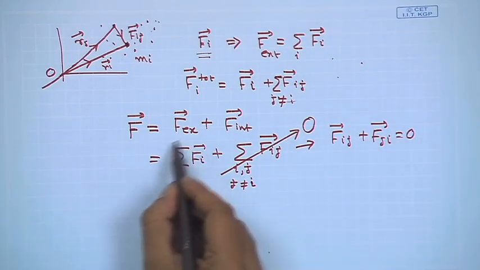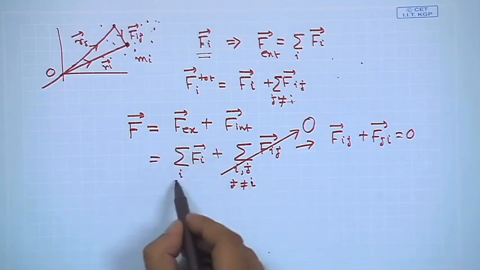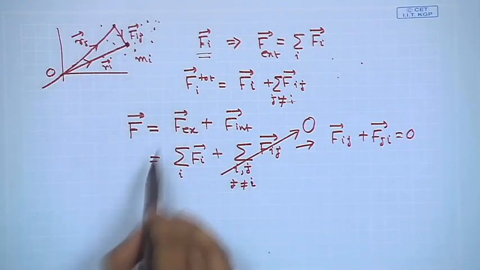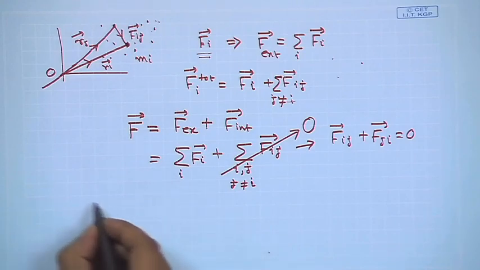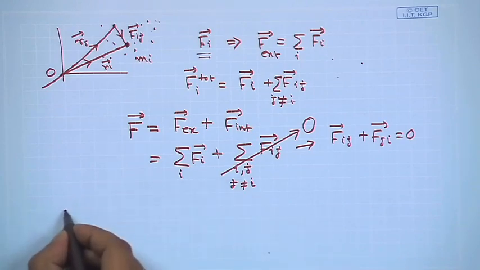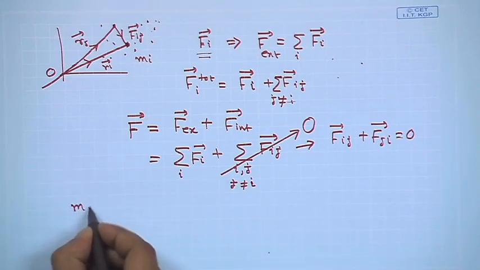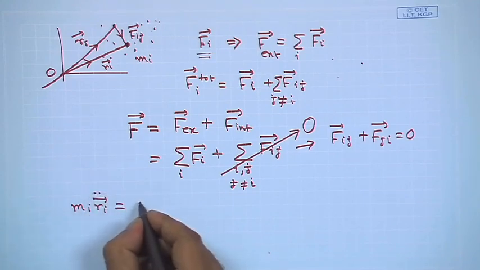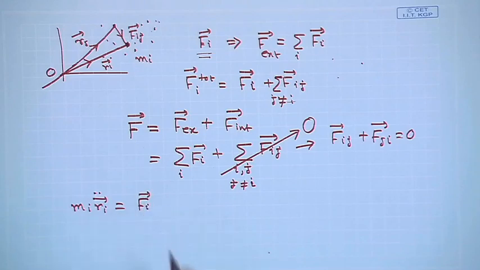So, only the total external force acting on this system of particles will survive. At the end, for the entire system of particles, if we try to write the force equation for an individual particle, what is the force equation? It is m_i r_i double dot is equal to F_i.